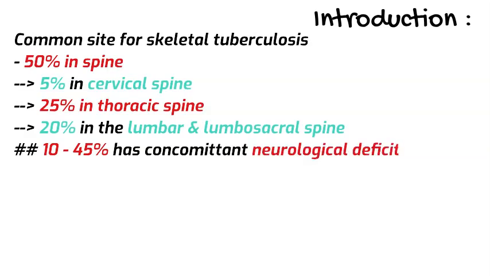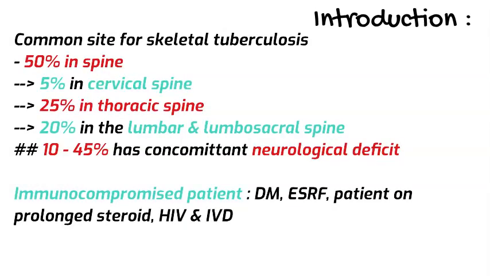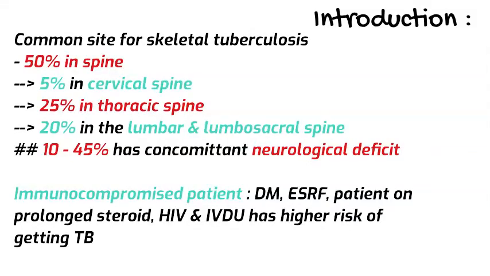In immunocompromised patient, example in diabetes mellitus patient, end stage of renal patient, patient on prolonged steroid, HIV and IVDU, intravenous drug user has higher risk of getting tuberculous spine.